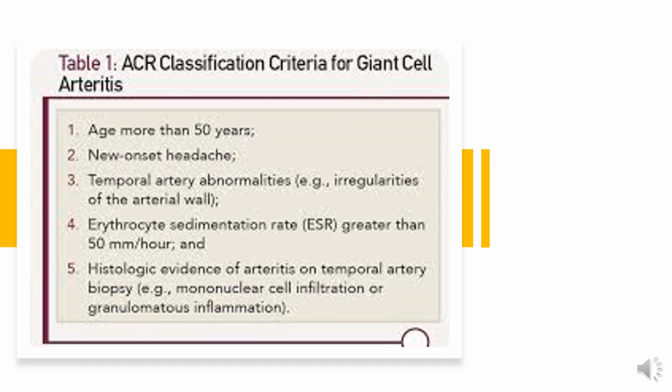Fourth, ESR greater than 50 mm per hour. And fifth, histologic evidence of arteritis on temporal artery biopsy, with mononuclear cell infiltration or granulomatous inflammation. Presence of 4 of these 5 criteria is enough for the diagnosis of giant cell arteritis.